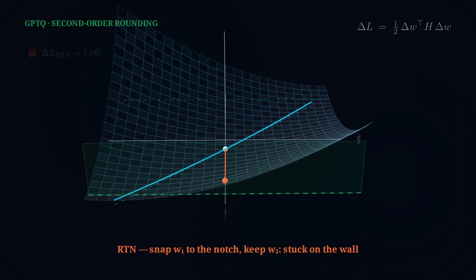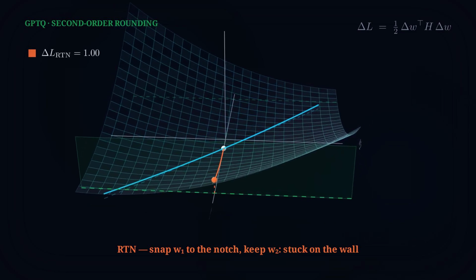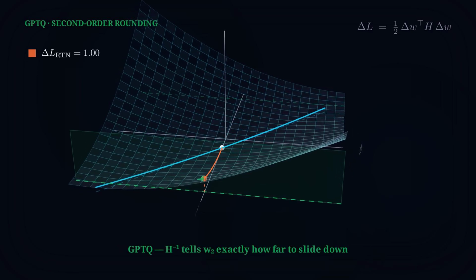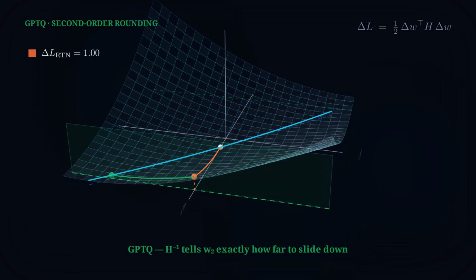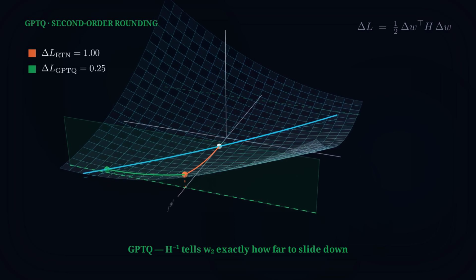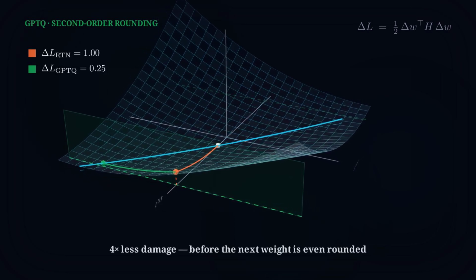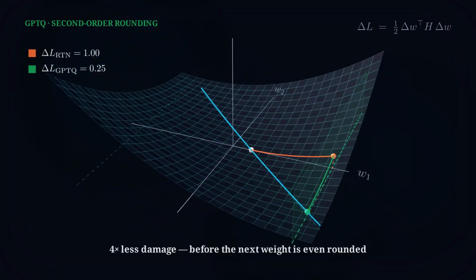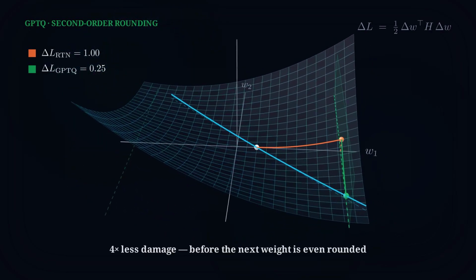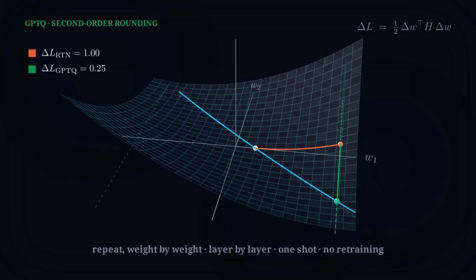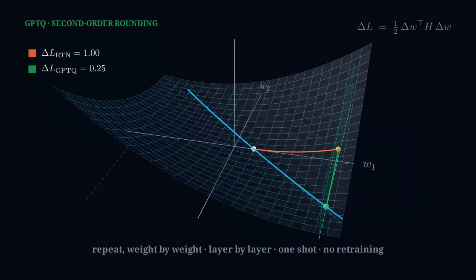And it's fast. A 175 billion parameter model quantized in about 4 GPU hours on a single A100. The paper notes that doing this with retraining-based methods would extrapolate to weeks. Now the results table, because this is the best chart in the whole literature.